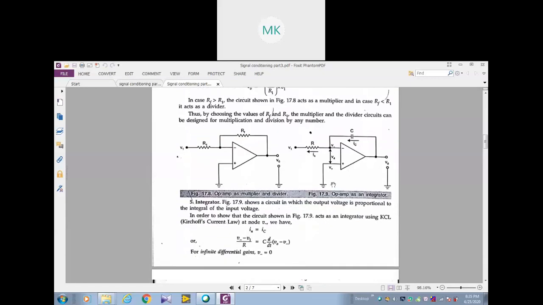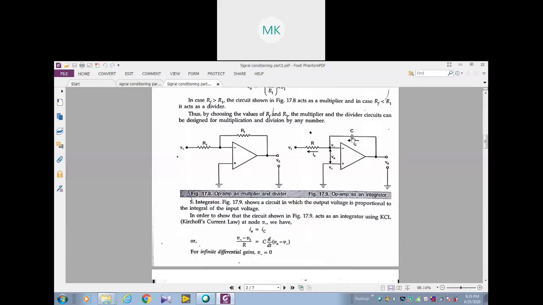Now, this one is the integrator circuit. See this arrangement. We have one resistor and one capacitor. This is the direction of the current. Both currents are almost the same because no current enters the device. So IN equals IC, where IN equals V1 minus the inverting terminal voltage divided by the resistance.